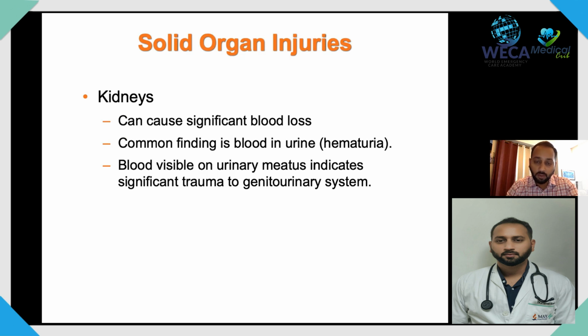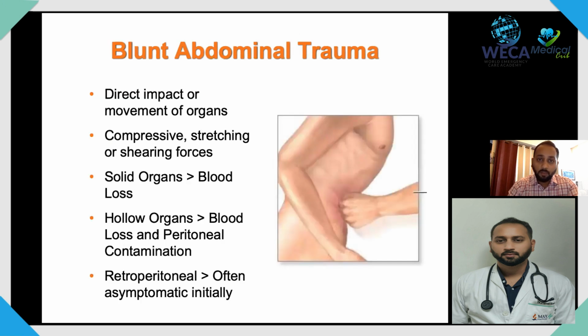So what is important here is that a detailed physical examination in all trauma patients is very important. Blunt abdominal trauma can be due to direct impact or due to movement of organs. It can be due to compressive, stretching or shearing forces. As we have gone through so far, solid organs can lead to blood loss.